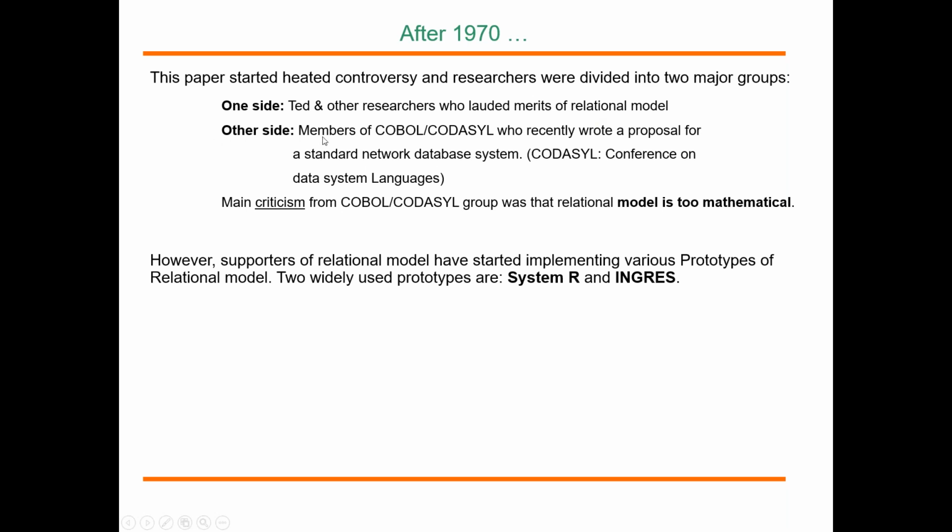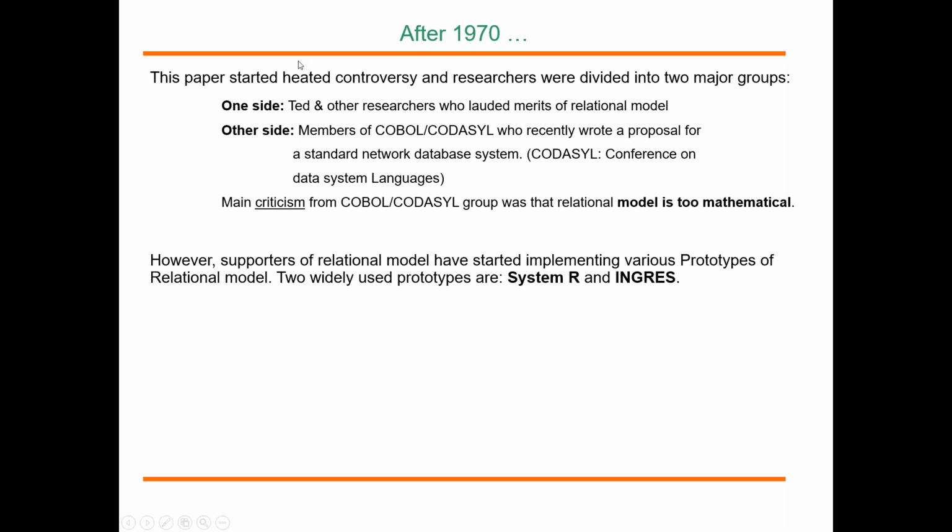On the other side, members of COBOL or CODASYL who had recently written a proposal for a network-based system. The main criticism from this group was that the relational model is too mathematical.